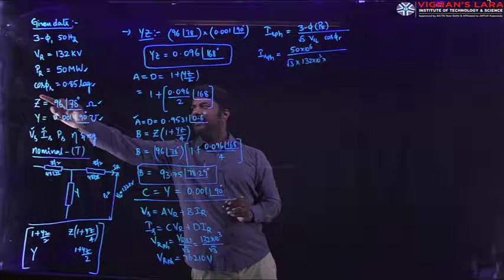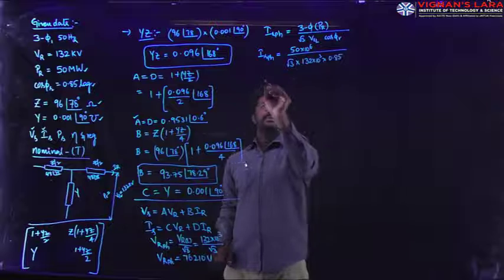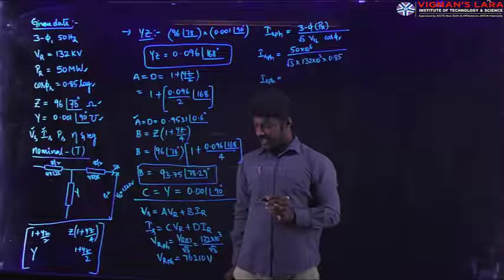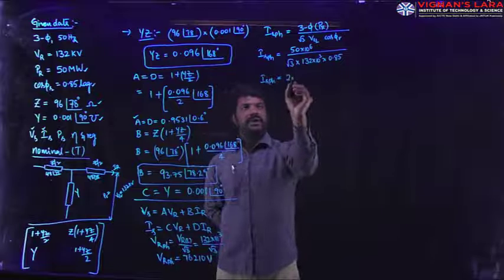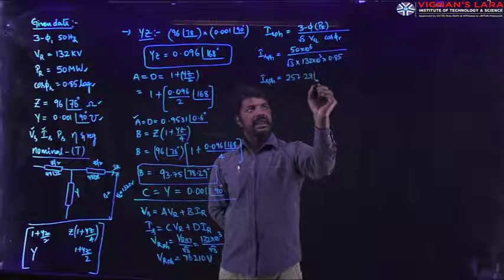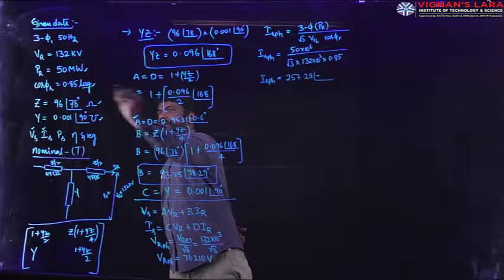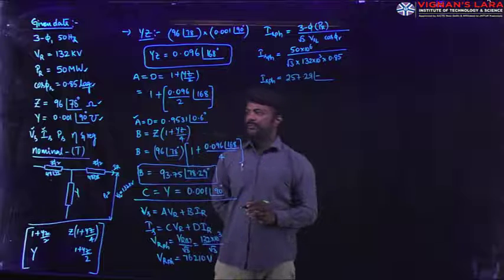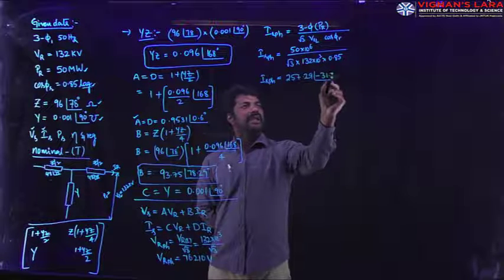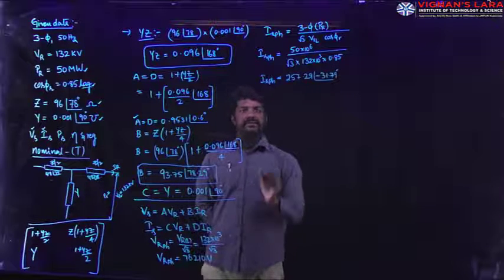The load power factor was given as 0.85. So simplifying in the calculator, you will get the receiving end current per phase value as 257.29, making an angle of minus. Why minus? Because it is a lagging power factor. For a lagging power factor, we represent the angle with a minus symbol, 31.79 degrees. This is the receiving end current per phase.